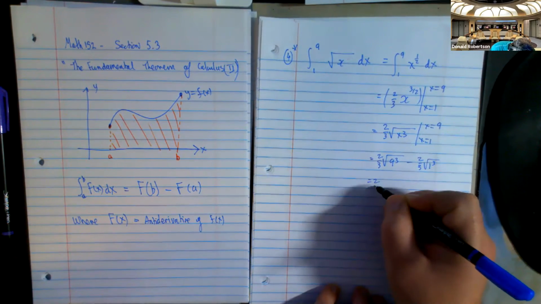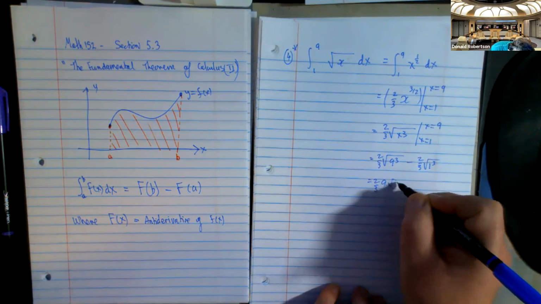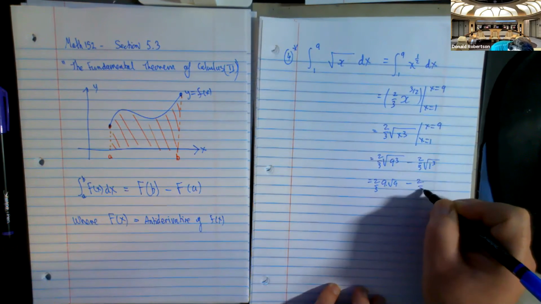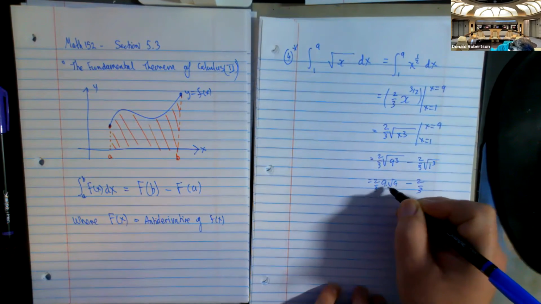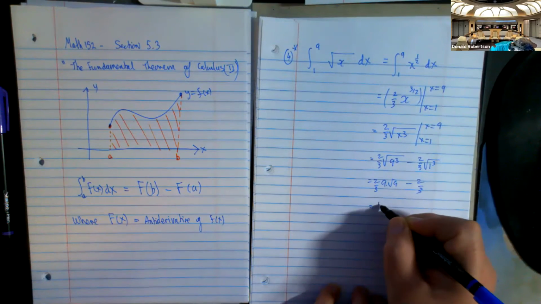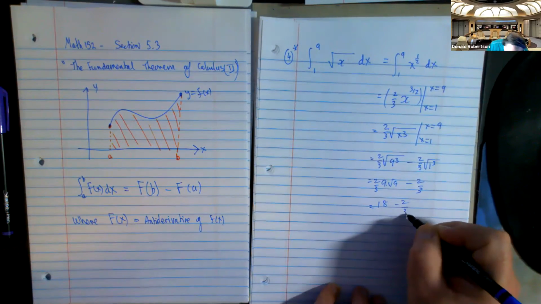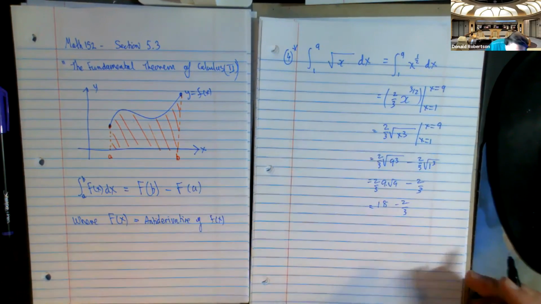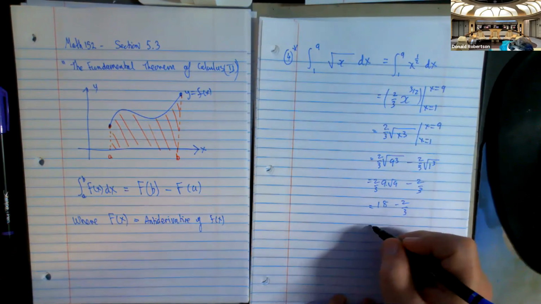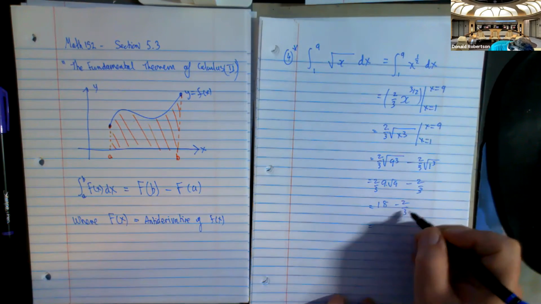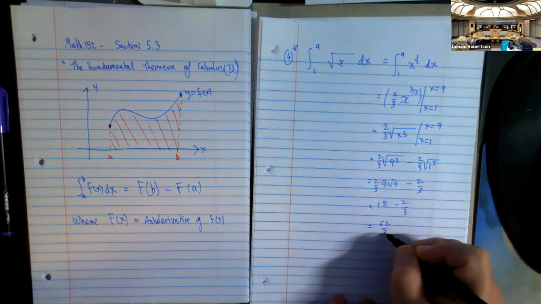That guy gets you 2/3 9 root 9. This guy gets you 2/3. Oh, by the way, that's 3, so that's 27. That cancels. You get 18. Eventually, you get 18. Take away 2/3. And that's 54, so 52/3.